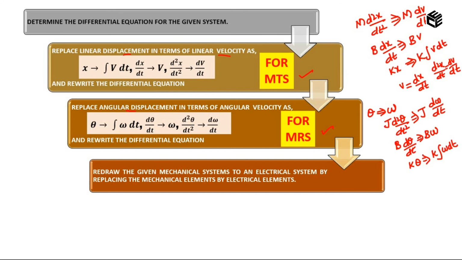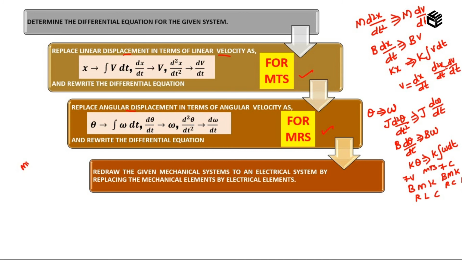The next step is we will redraw the mechanical system as an electrical system by replacing all the mechanical elements with electrical elements. For force-voltage, BMK is replaced by RLC, and for force-current, BMK is replaced by RCL. This is for mechanical translational system.